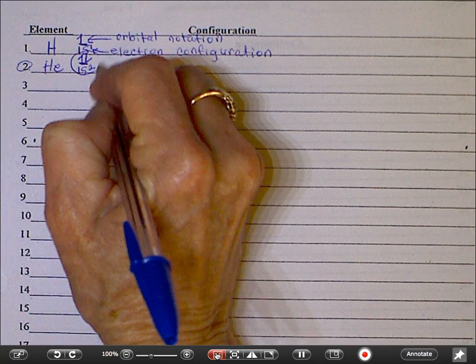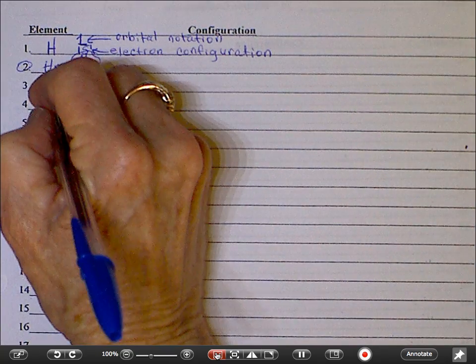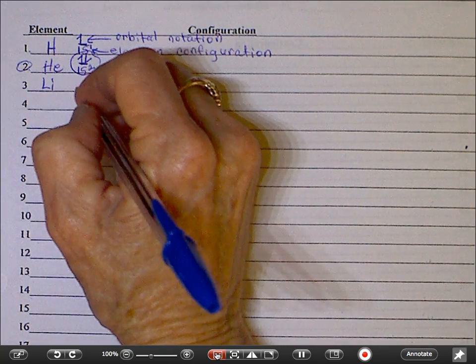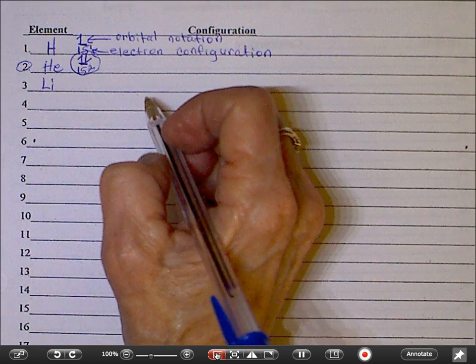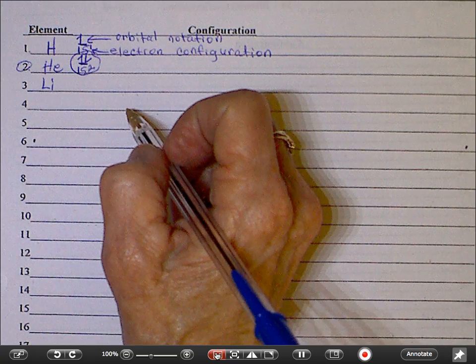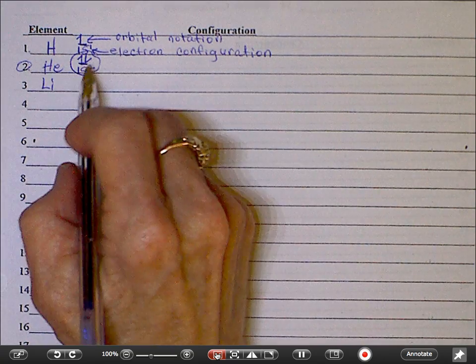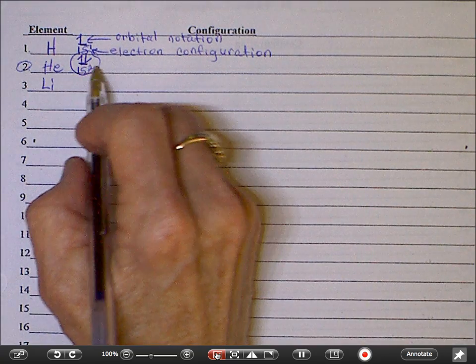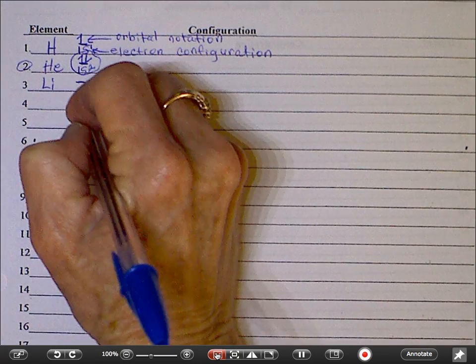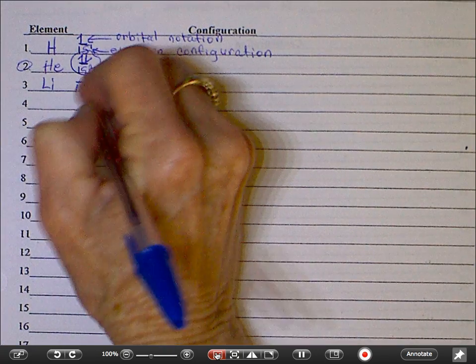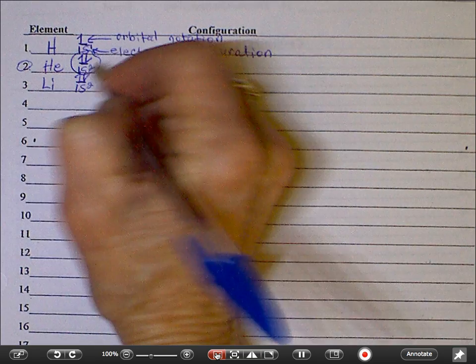So I get to take this and copy it for lithium, because the first part of lithium is identical to this. What did I just say? The first part of lithium is identical to this. It takes care of how many electrons? 2. So 1s2, put in my arrows.